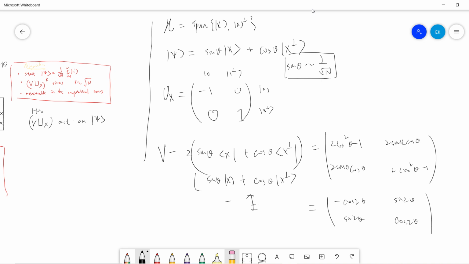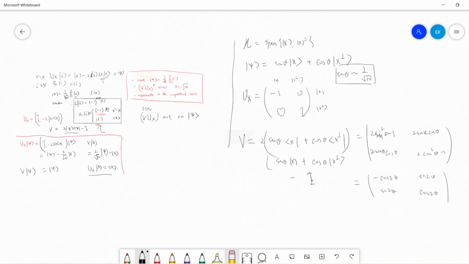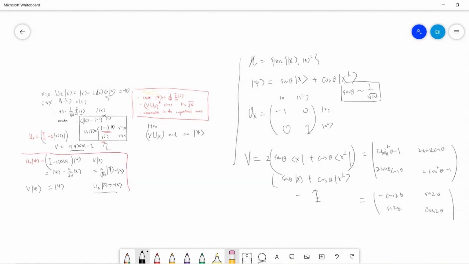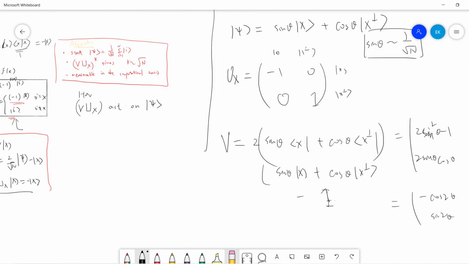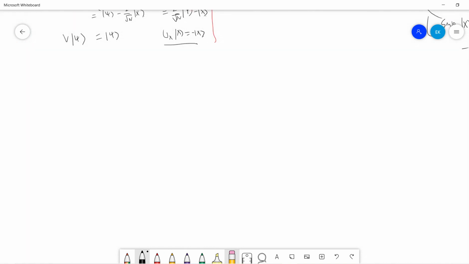Oh, sorry, this is sine. Okay, so we have the u and v, right? Everything now is clear since we already have u and v. So a simple calculation, VUx will give you cosine 2 theta, sine 2 theta, minus sine 2 theta, cosine 2 theta.